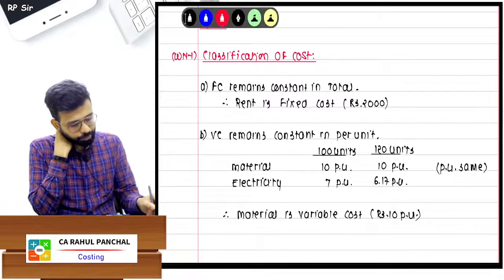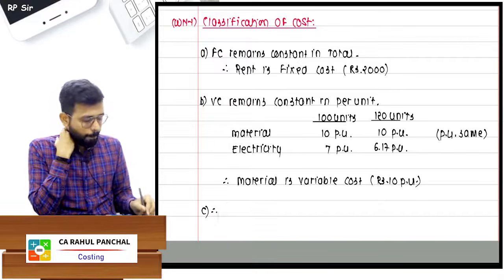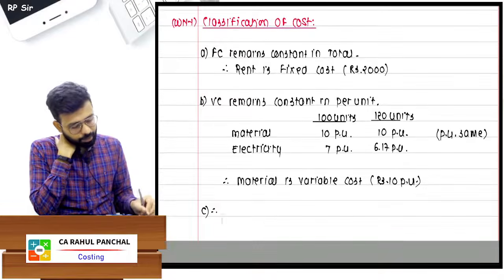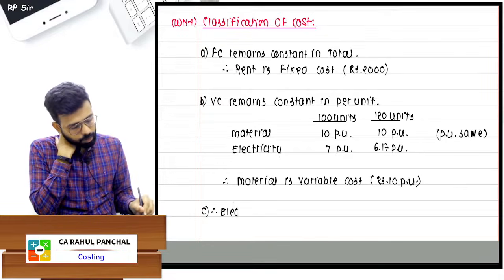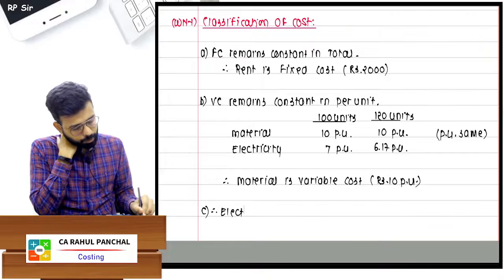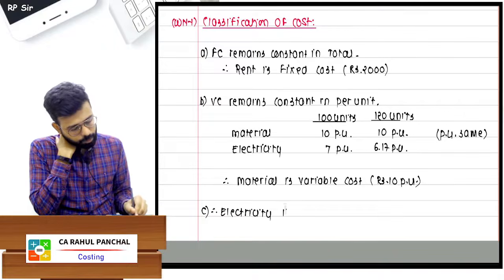Okay. So in C part I can say therefore the only cost which remains is your electricity. Semi-variable cost.